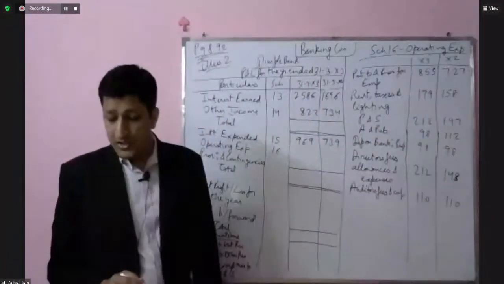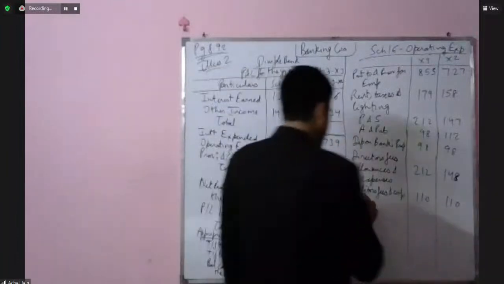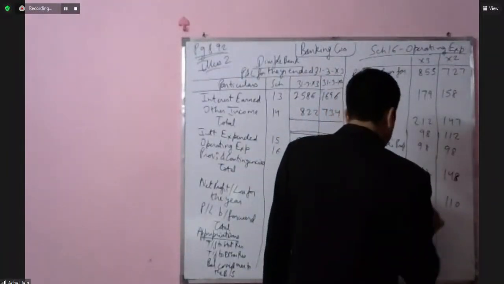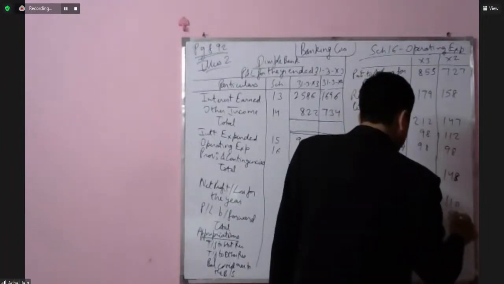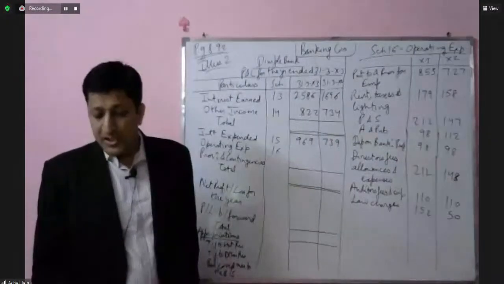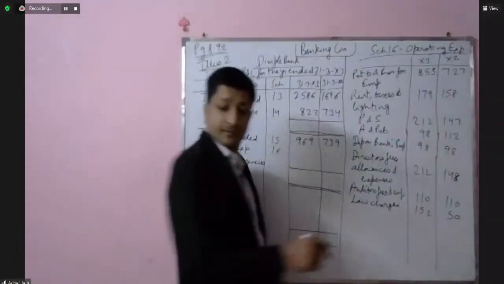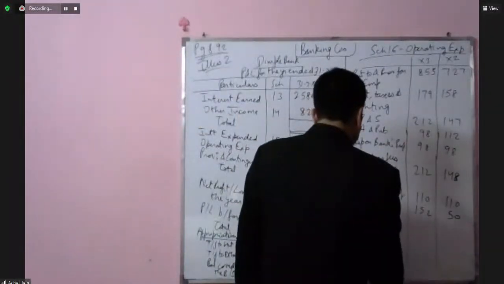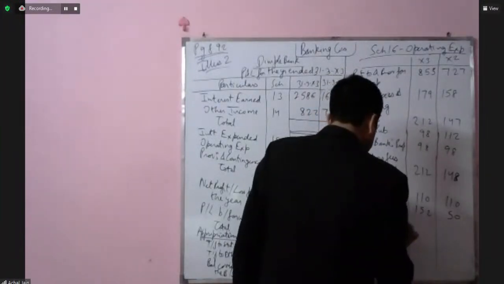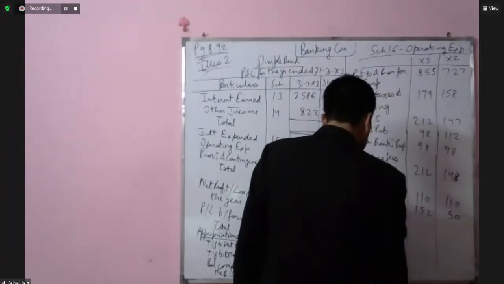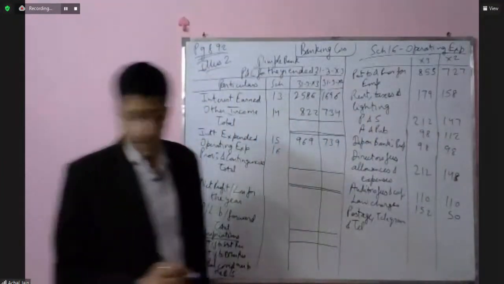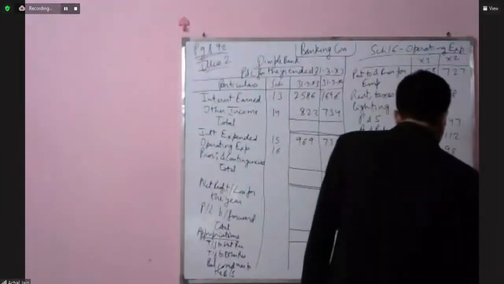Then law charges. Postage, telegram, telephones. So this is 62 and 48.